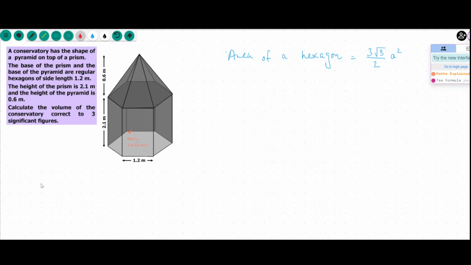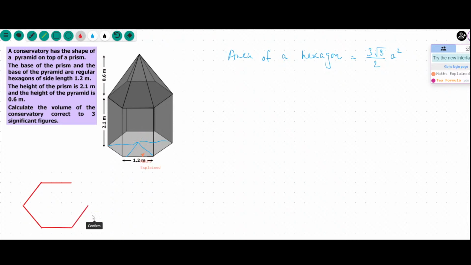I'm going to slowly draw a hexagon here. Well, there's a number of ways to think about it.